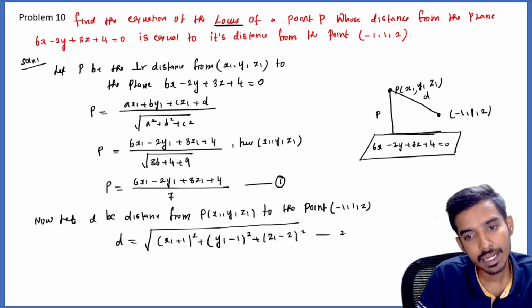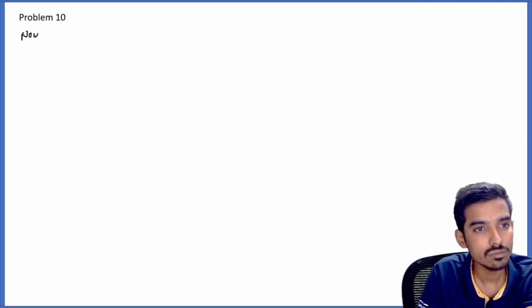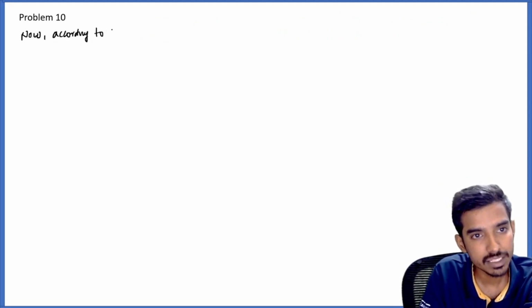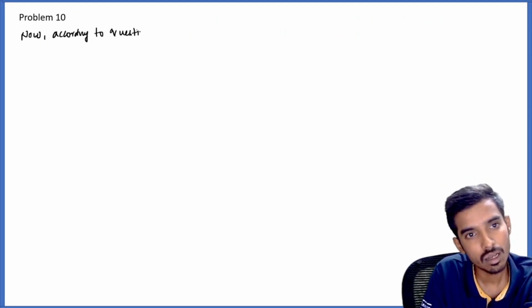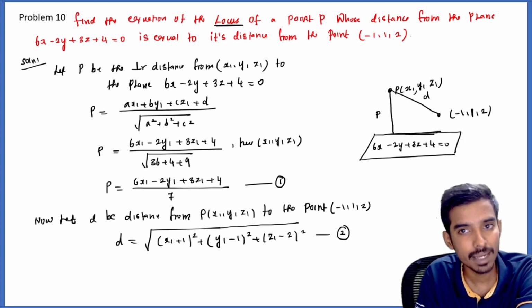Now, according to the question, P has to be equal to D, yes or no? Because the question says: find an equation of the locus of a point P whose distance from the plane is equal to its distance from the point (-1, 1, 2), right?